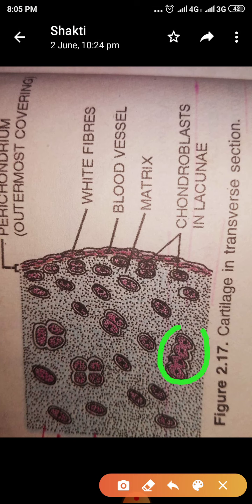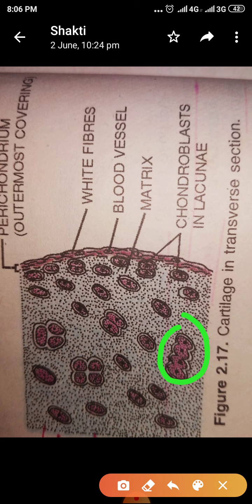Each lacuna has 1 to 4 cells, some have 4, some have 1, and that cell is specifically named chondrocyte. The matrix is made up of a protein called chondrin.